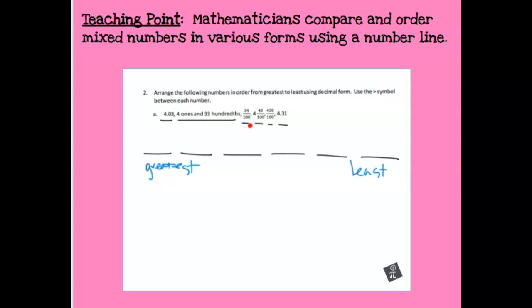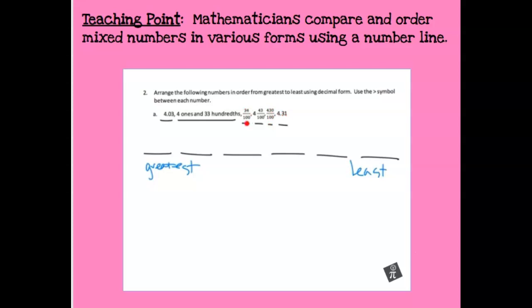Now we're going to use some logic here. The first thing I see is that this is 4.03, so that's larger than 4. This is 4 ones, so that's larger than 4. This is 4 and 43/100, so that's larger than 4. I see that 430 over 100 is also larger than 4.